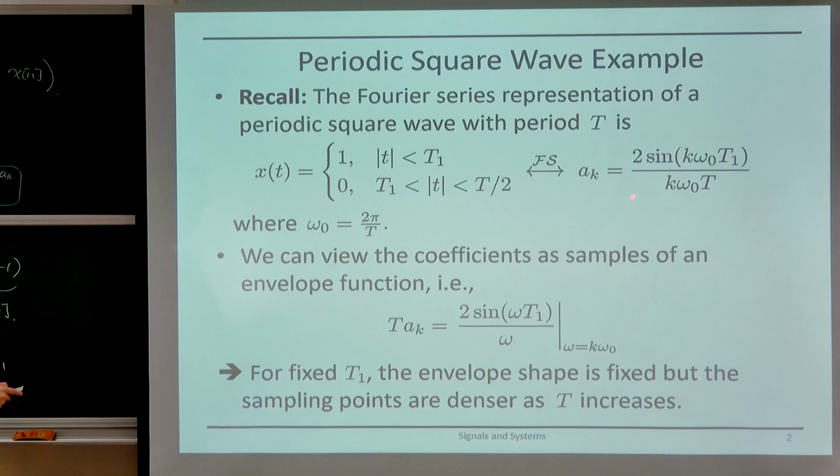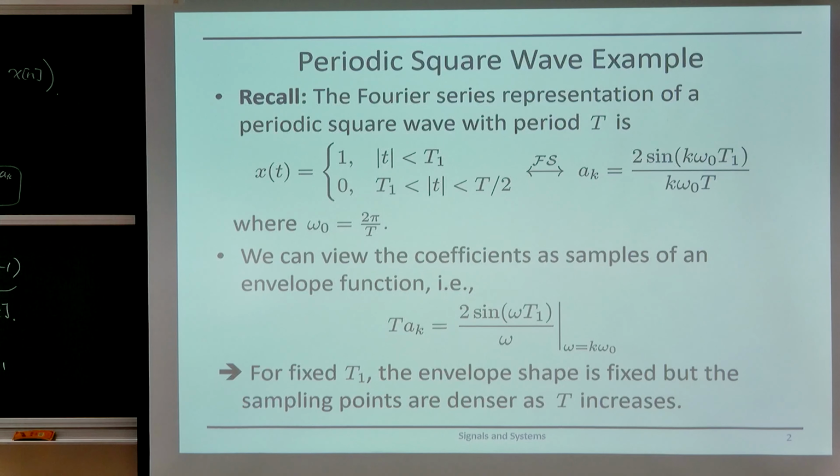So this Fourier series coefficient can be viewed as samples of an envelope function that takes on the shape of a sinc function. In particular, if you multiply T to the other side, T a_k are samples of 2 sine(omega t1) over omega at integer multiples k omega naught.